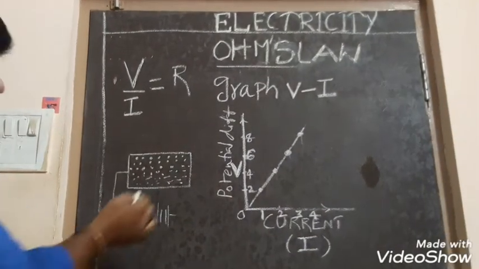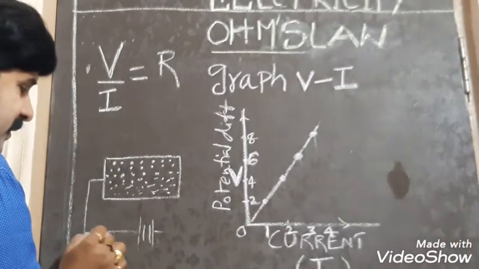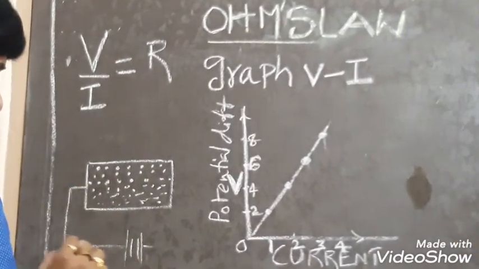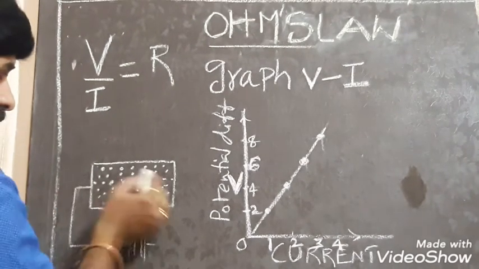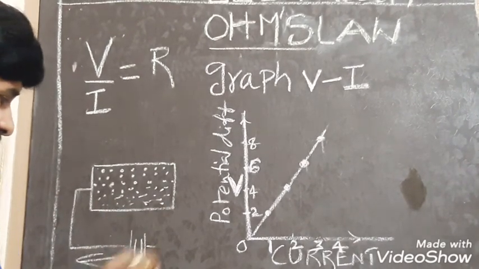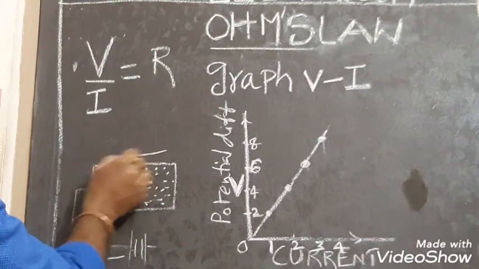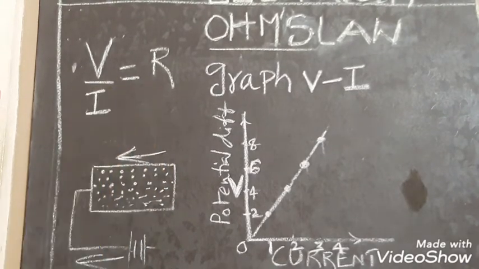But now we are supplying power through a battery. A potential difference is created and there will be a flow of electrons. The passage of current is like this, and the flow of electrons is like this.